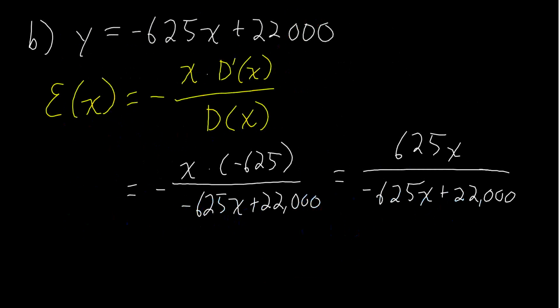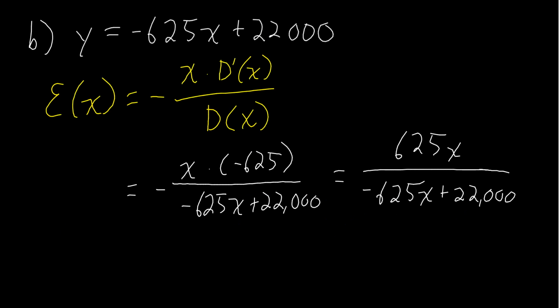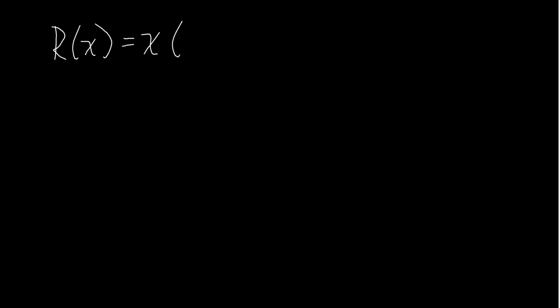Okay, so negative 625x plus 22,000. So my revenue is going to be equal to the price that I sell it at times my function there, which is negative 625x plus 22,000.